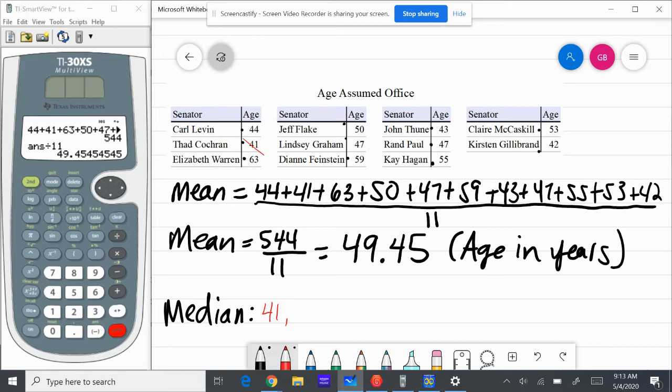And then we have a 42. And then we have a 43. We have a 44 here. And then next is 47, and we have two 47s.